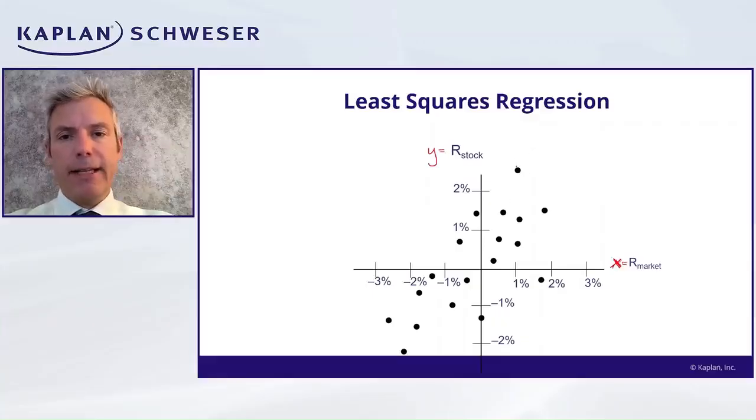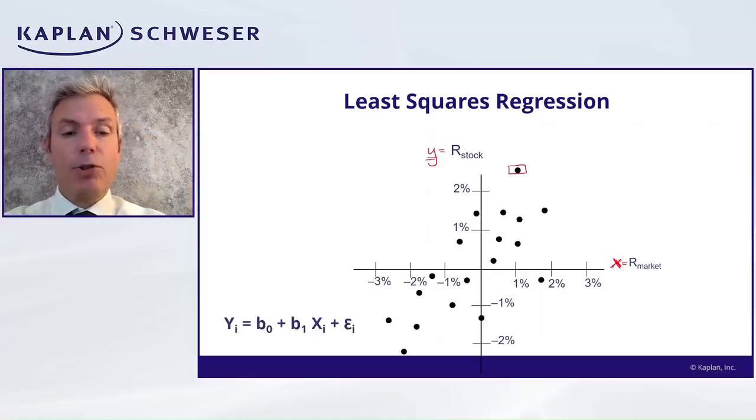For example, this dot here, we see the market is up about 1.1, just over 1%, and the stock is up 2.5%, something like that. That's a paired observation. You've got lots of paired observations, might be days or weeks or months, and the job of linear regression is to model the relationship between y and x as a straight line.